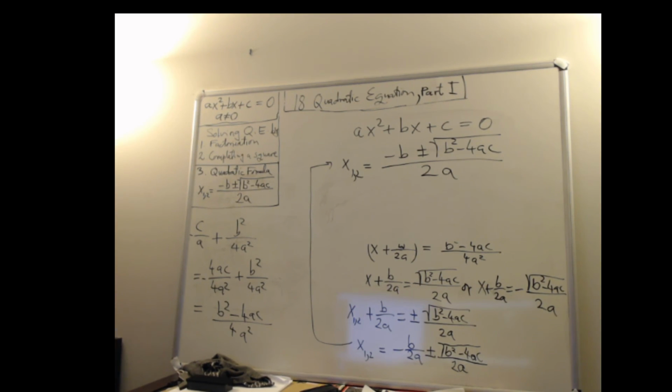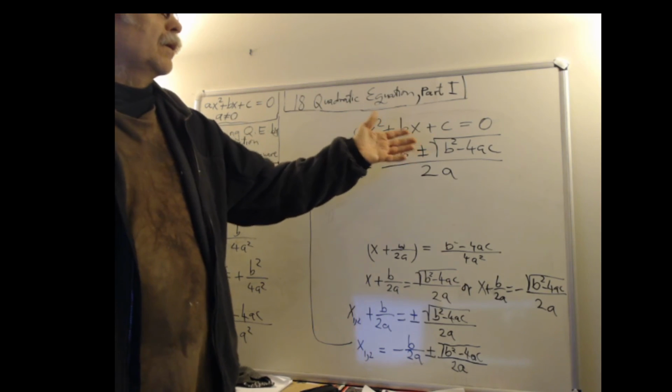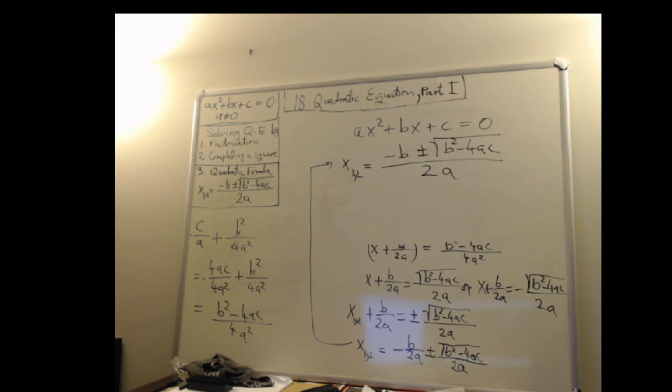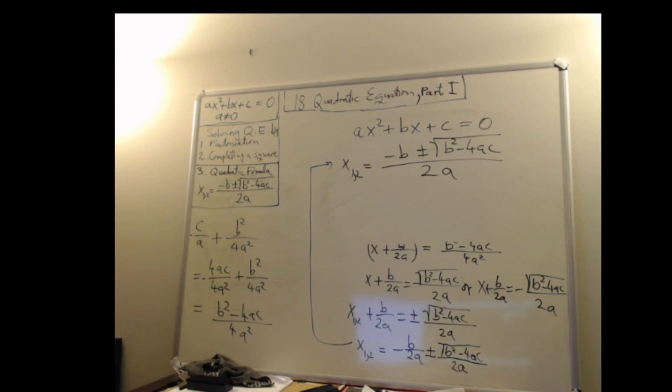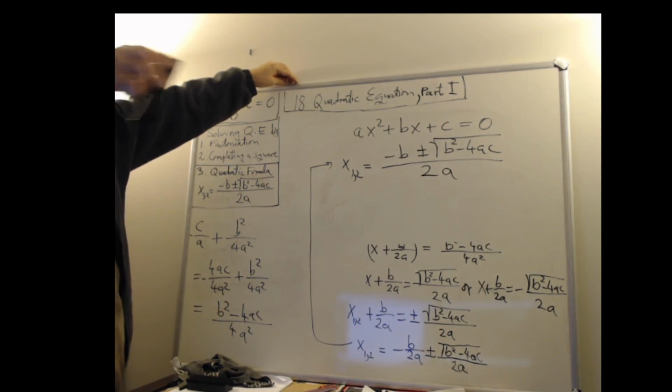So the quadratic formula is a result of completing a square in a general standard format with A, B, and C, not particular numbers, but with those A, B, and C's. Okay?